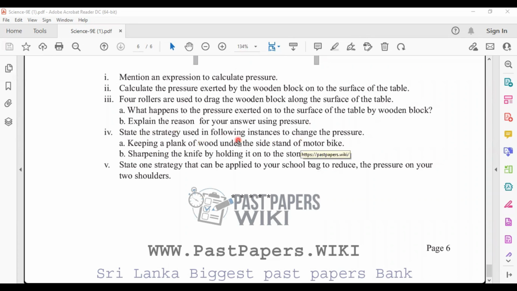The strategy is to increase the surface area. Sharpening the knife by holding it onto the stone. Decrease the surface area and increase the pressure.